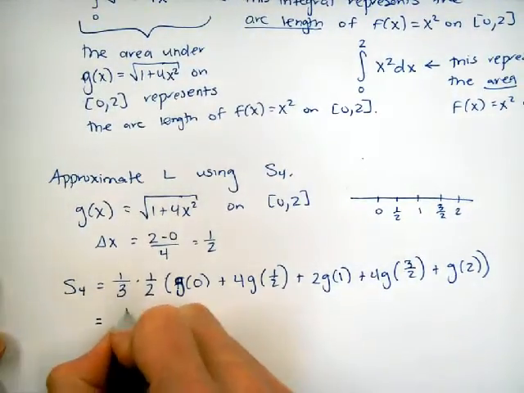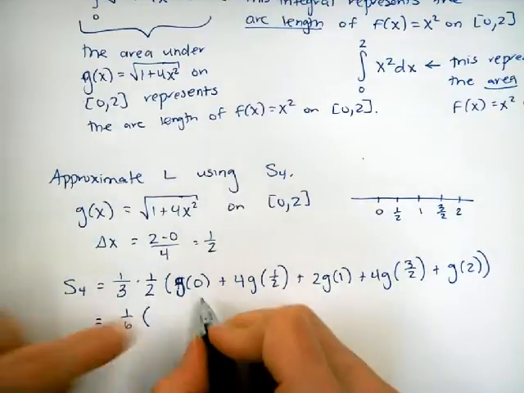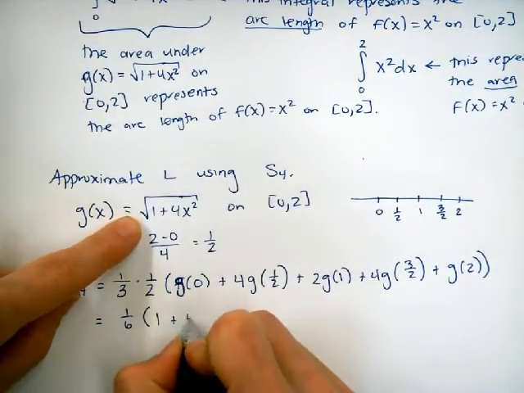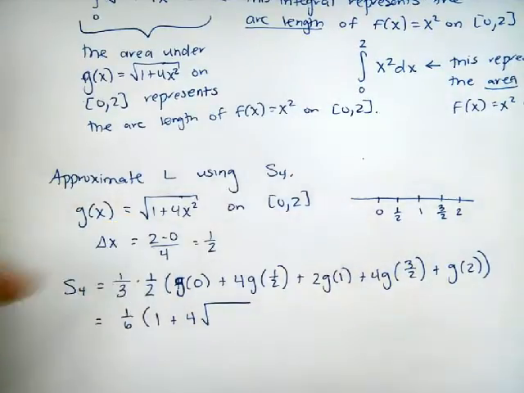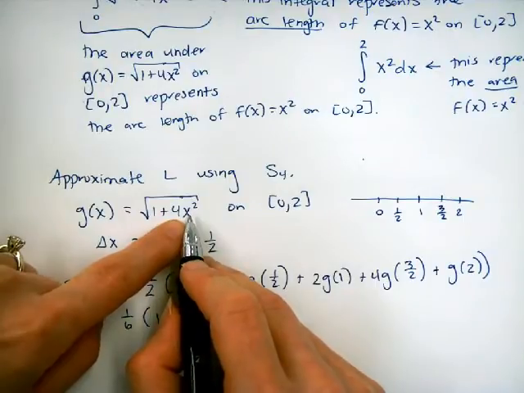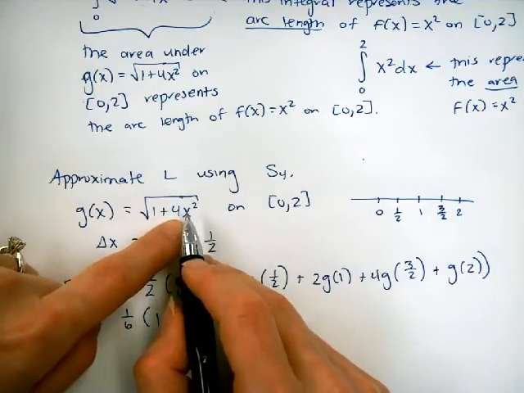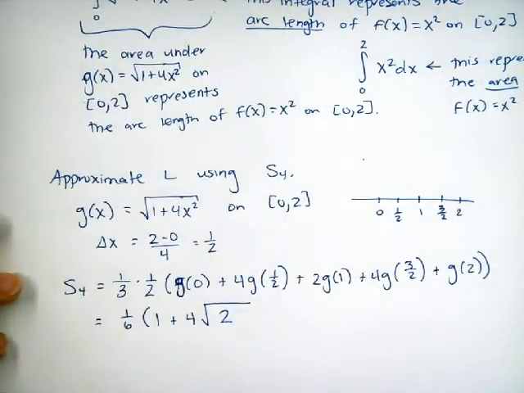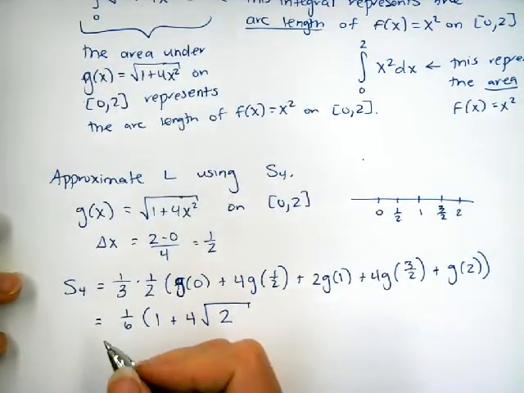Okay, and so this is 1/6. g of 0 would be the square root of 1, which is 1. And then, let's see, 1/2 squared is 1/4. 4 times 1/4 is 1. 1 plus 1 is 2. I don't know why I made my root so big.